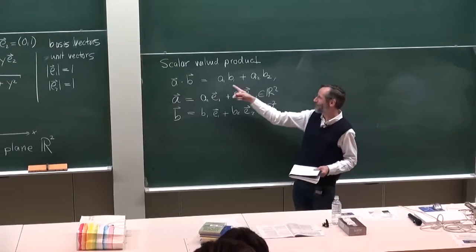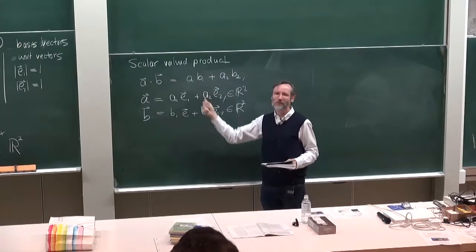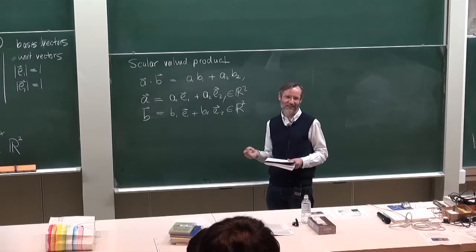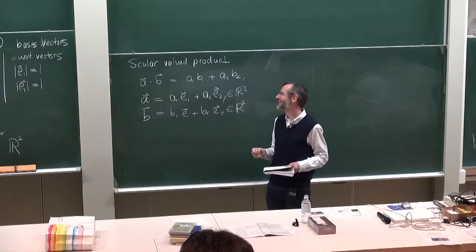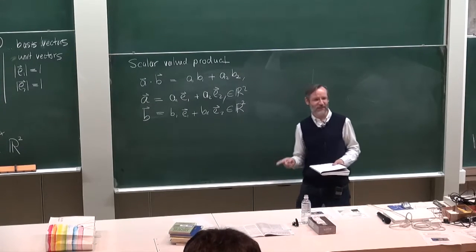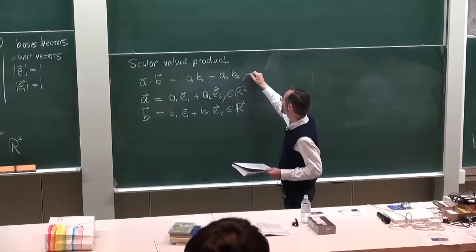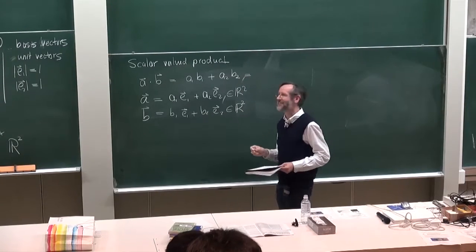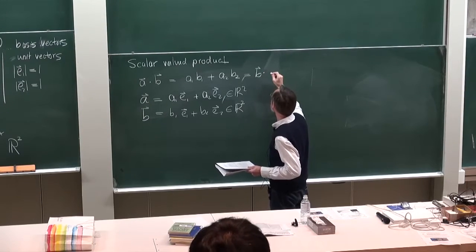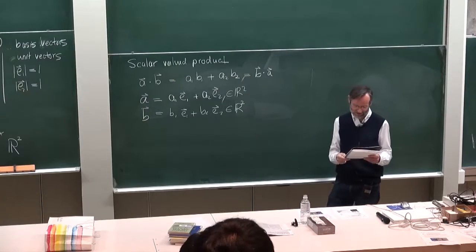And if you look at that product here, the real numbers A1 and B1 can be flipped. You can change the order, and it doesn't change anything, doesn't change the sign. And also A2, B2, you can change the order. So you see, there's a special property if you define it like that: it is symmetric. So you could also take the first vector as B and the second as A, and you'd get the same result.